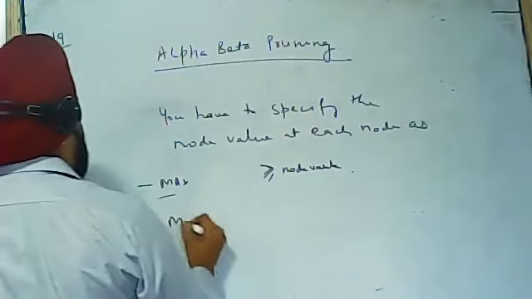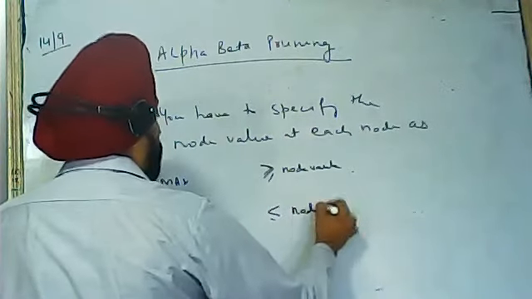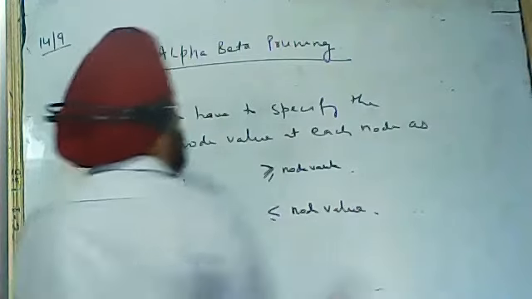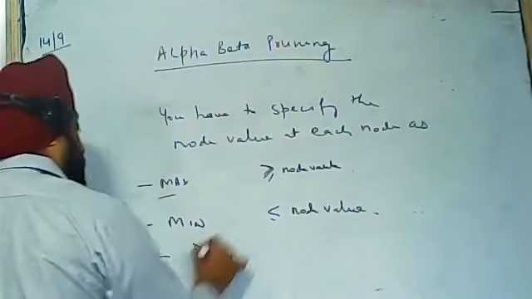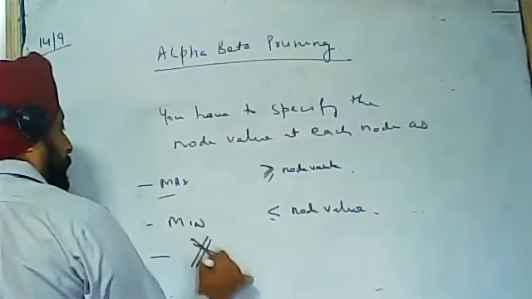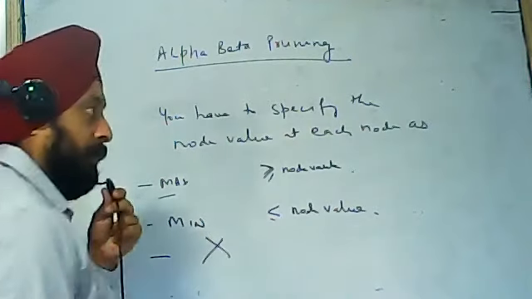If it is min level, then less than or equal to node value. This is very important. And in the tree, you have to specify the pruned branches as cut in the final tree.